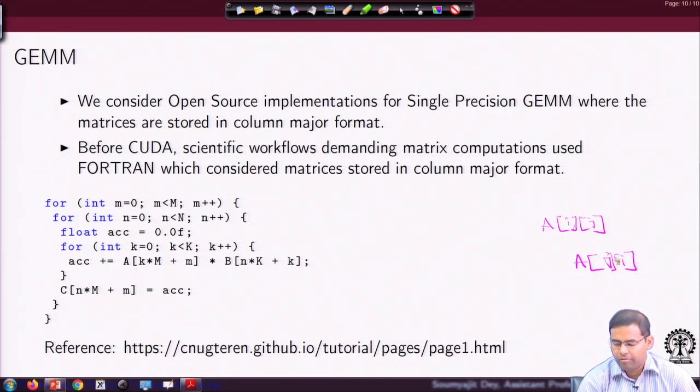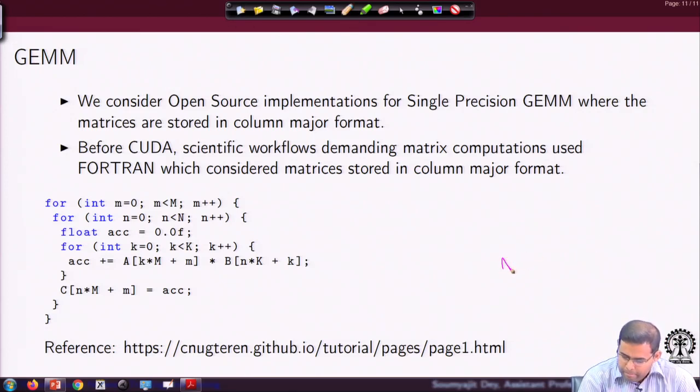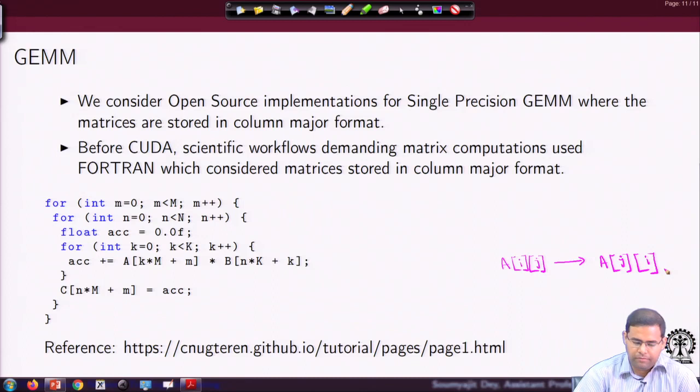Sorry, if I just write it more clearly. So, it is different here, right. But that also means that your programs are now going to change.